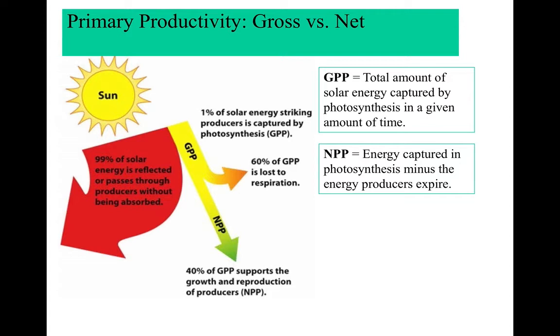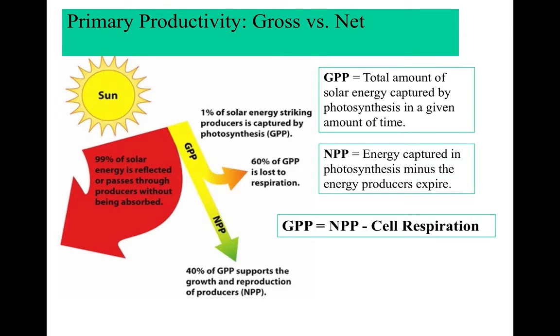Of that gross primary productivity, 60% is lost to cell respiration, meaning this is the amount that the organism uses just to keep itself alive. So this is going to be transformed typically into heat. Then the net primary productivity winds up being the 40% that winds up being turned into biomass.